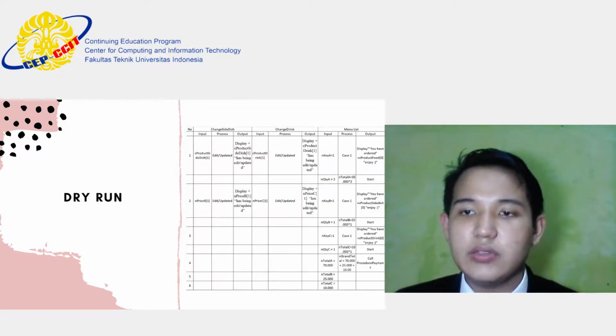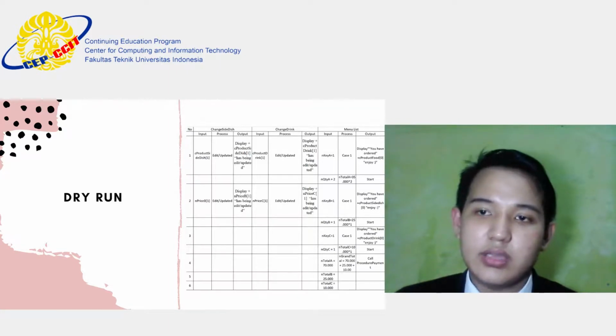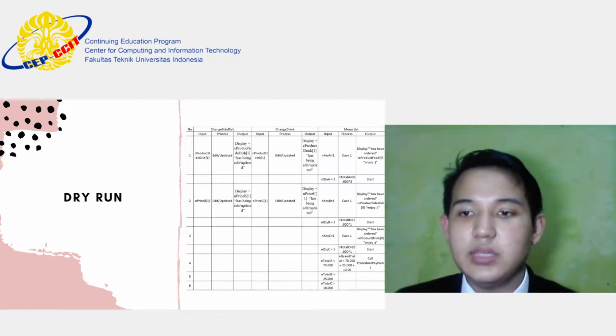The input nkitty a is 2. It will process n total a is 35,000 times 2, the output will start, and continue to nkb. The input to the second case. The second case is nkb is 1. It will proceed to case 1.